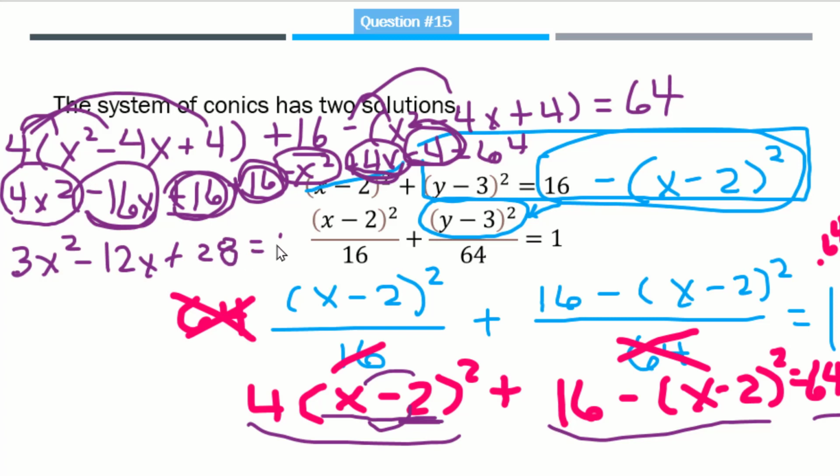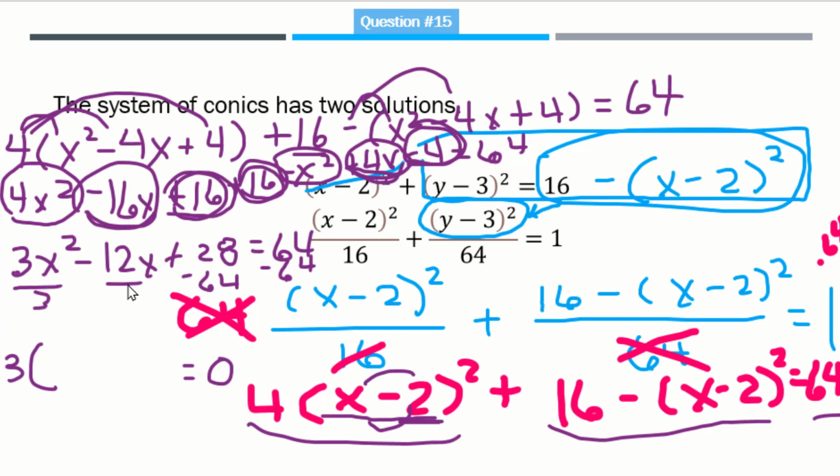We still have that 64 on the right, so I'm going to subtract that from both sides. That leaves us 0 on the right. And on the left, I'm going to factor a 3 out of all 3 of these terms.